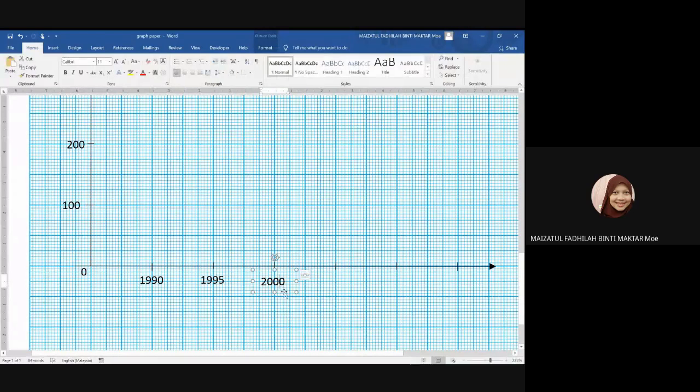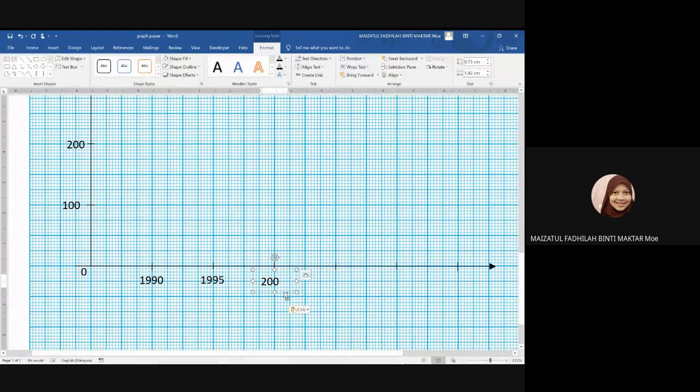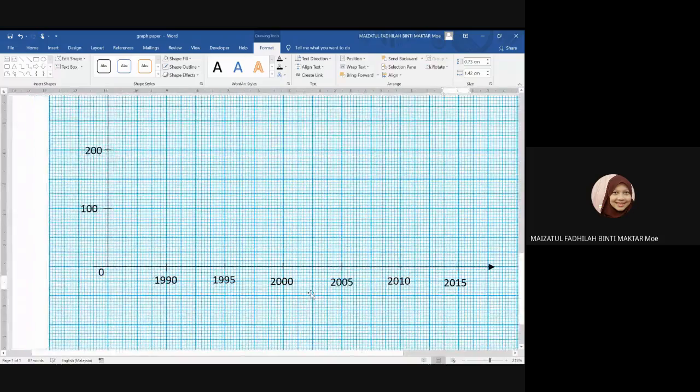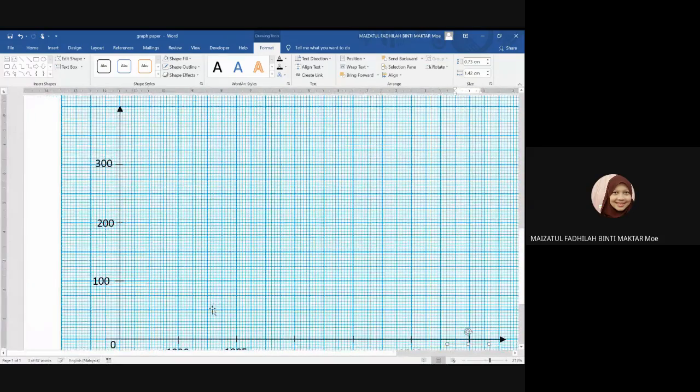Right, and so on. Okay, after you label like this, alright? So, please mark the points, following the information given to you. Okay?